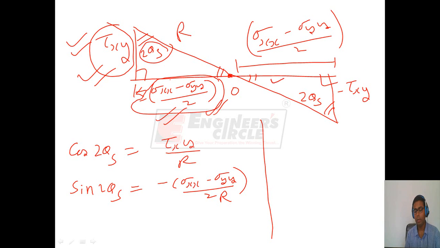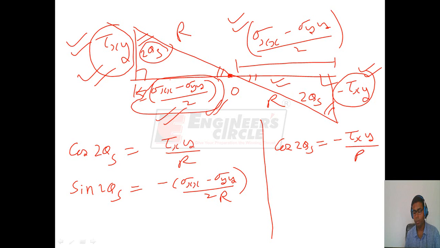So from this triangle we can find cos 2 theta s as equal to base upon hypotenuse. Base is this and hypotenuse is again r, square root of this square plus this square. We get minus tau xy upon r, and sine 2 theta s equal to perpendicular, which is this, that is (sigma xx minus sigma yy) by 2, and hypotenuse, which is r.